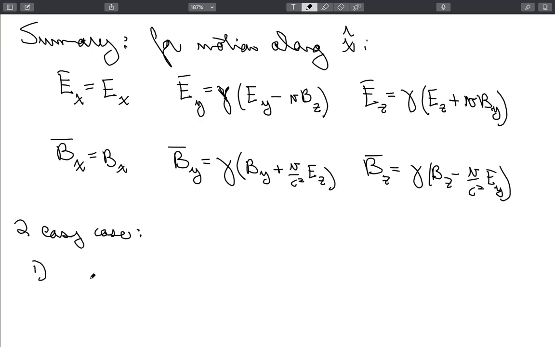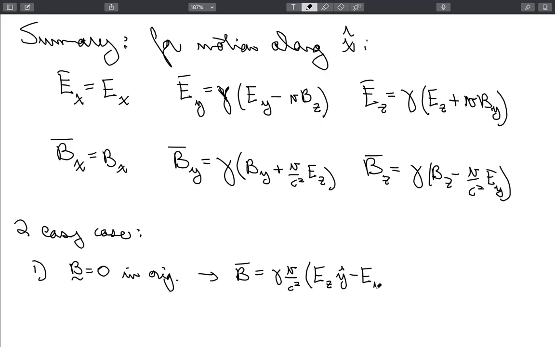So the first one is if I put the magnetic field equal to 0 in the original frame. So that means that the B bar is equal to gamma times v over c squared with E_z along y, right?